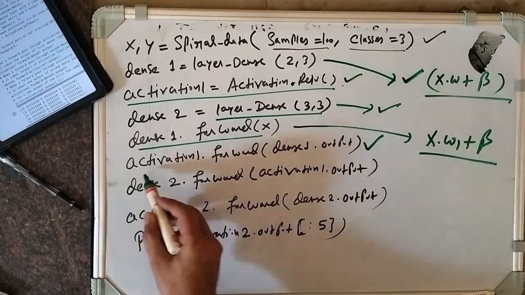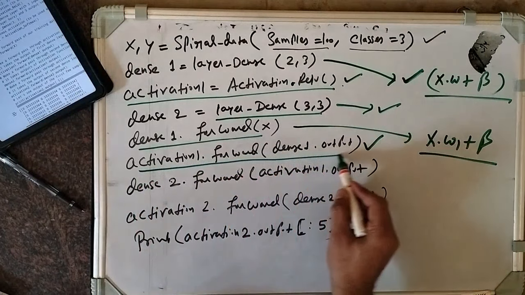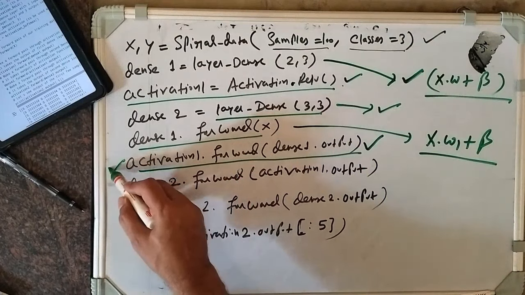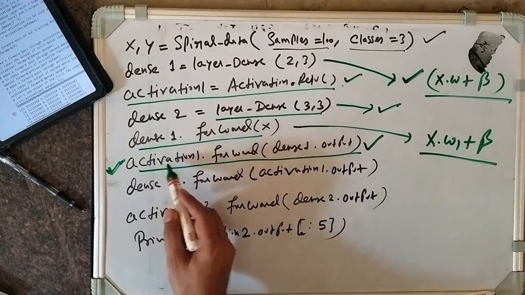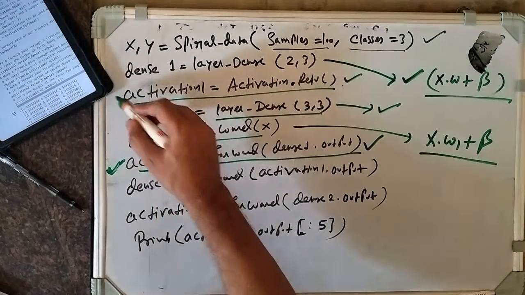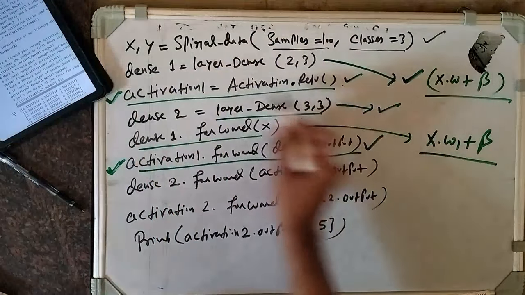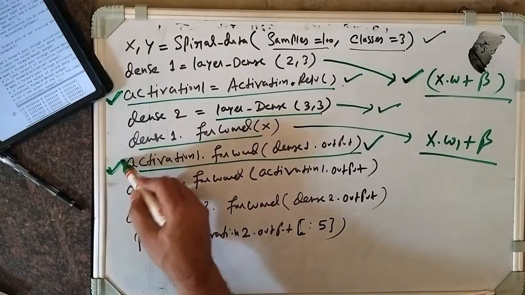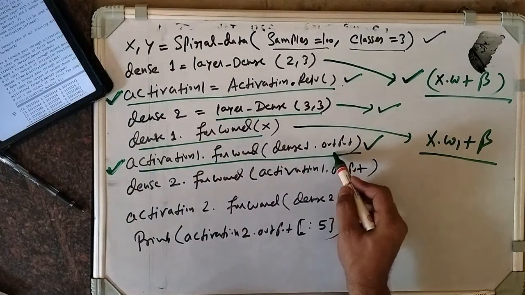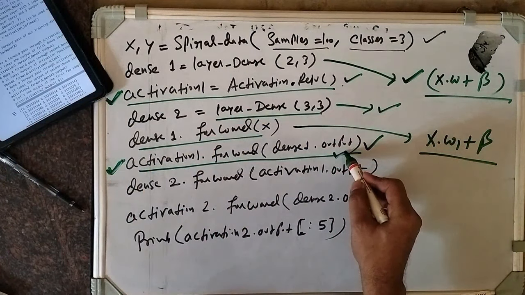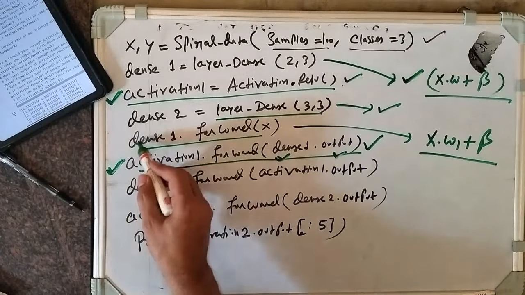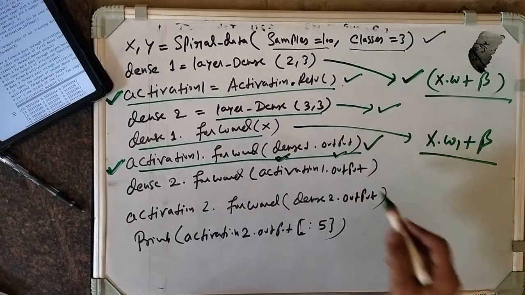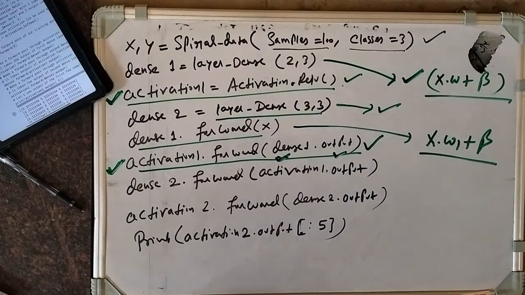Here we are creating the activation function, then we are applying the activation function on the output of the first dense. After using the forward pass in dense 1, I am applying the ReLU function.